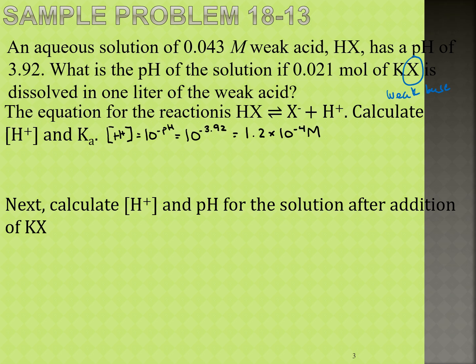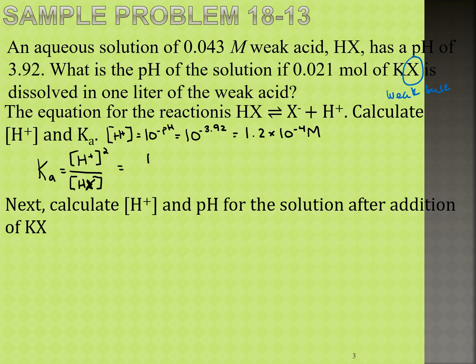This is still just going back to problems that we've solved before. So our Ka is our H plus concentration times our X minus concentration. They're going to be the same, so I'm going to say H plus squared divided by our HB, which in this case is our HX concentration.